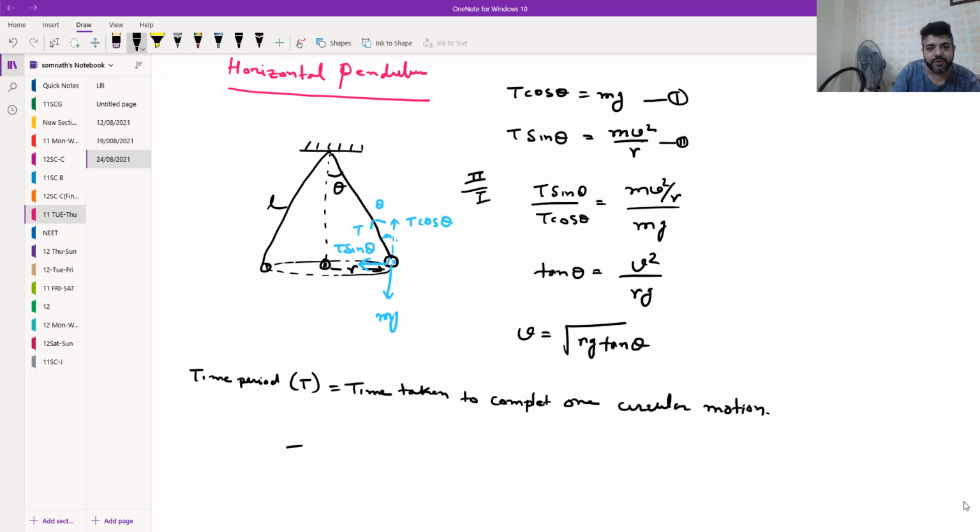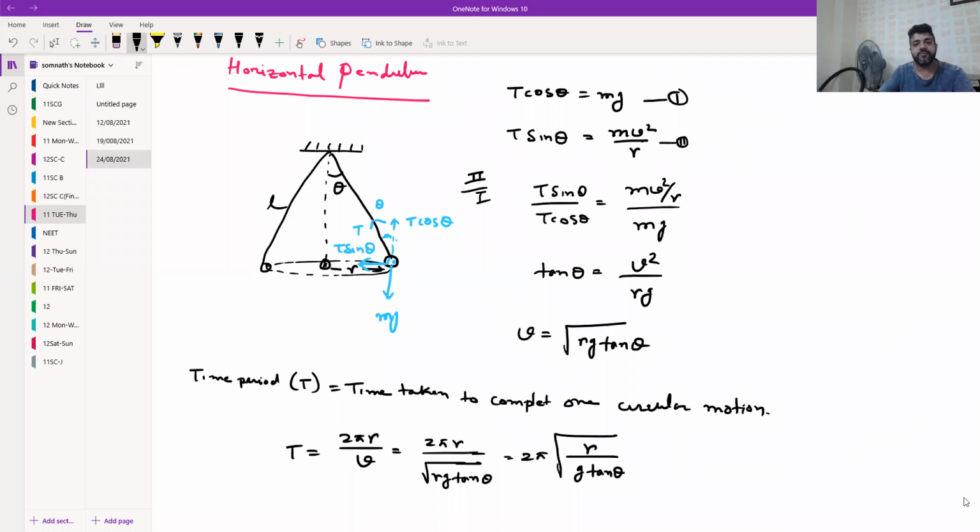So time is circumference 2 pi r by speed. So 2 pi r by root of rg tan theta. Taking r inside the root, the square cancels one r. So 2 pi root of r by g tan theta. Yes, everyone. Is it clear?